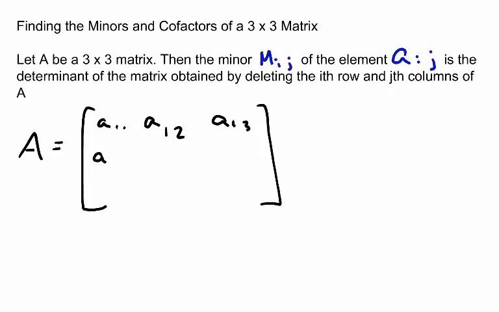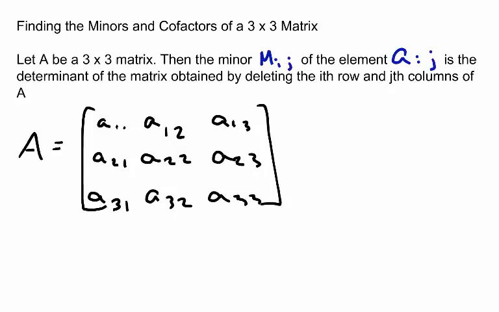In the second row we have A 2, 1, A 2, 2 and A 2, 3 for the second row and first, second, and third columns respectively. Then finally we have A 3, 1, A 3, 2 and A 3, 3.